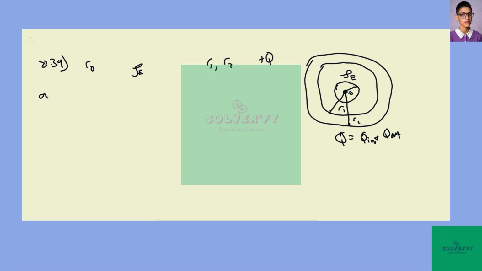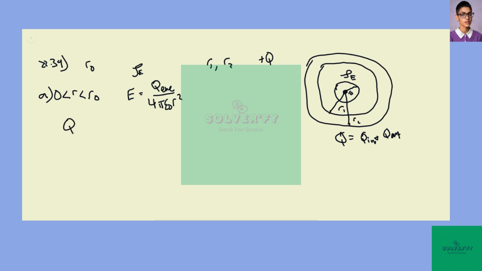Okay, part A asks us, we want to figure out the field for r less than r naught. Well, immediately, we've got to figure out how much charge is enclosed. So we draw a Gaussian surface, and we know that from the Gaussian sphere, the electric field is given as how much charge is enclosed over 4 pi epsilon naught r squared.